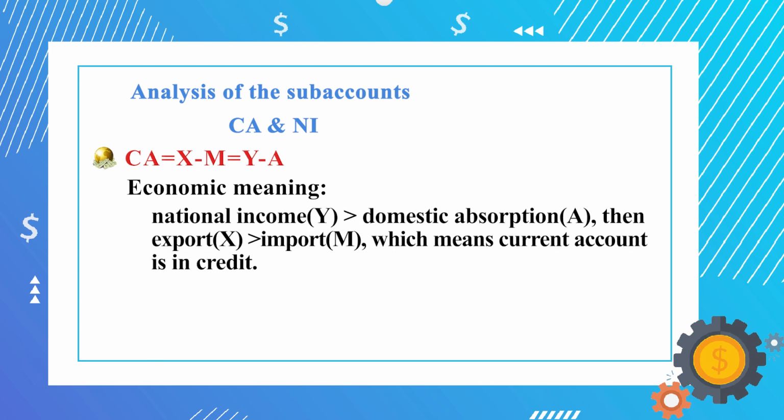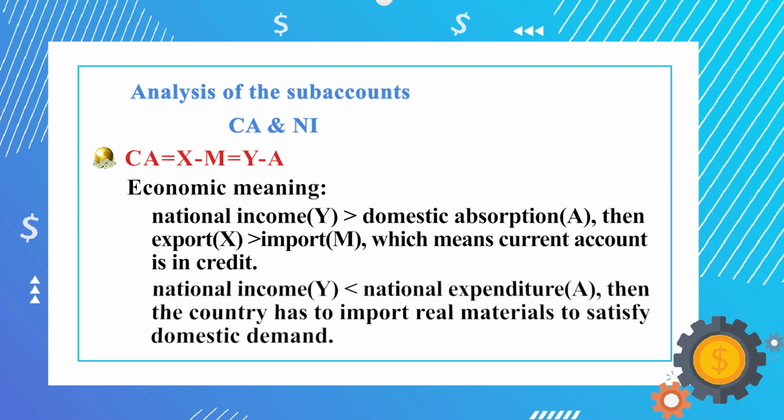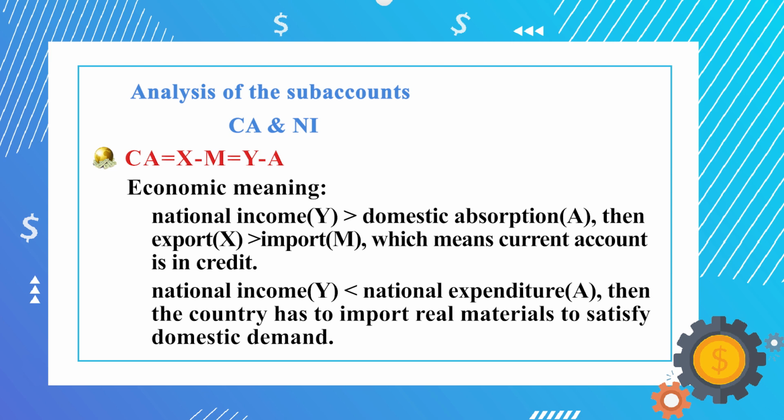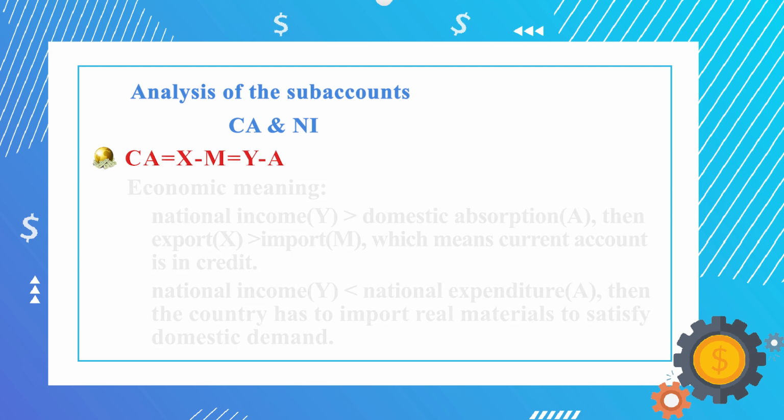When national income is larger than domestic absorption, then export is larger than import, which means current account is in credit. Vice versa, when national income is less than national expenditure, then the country has to export real materials to satisfy domestic demand.